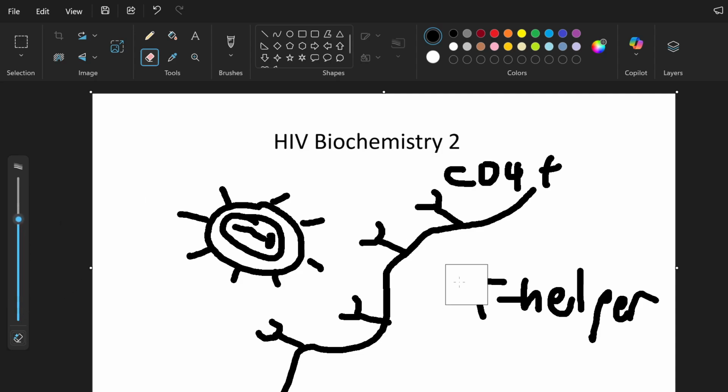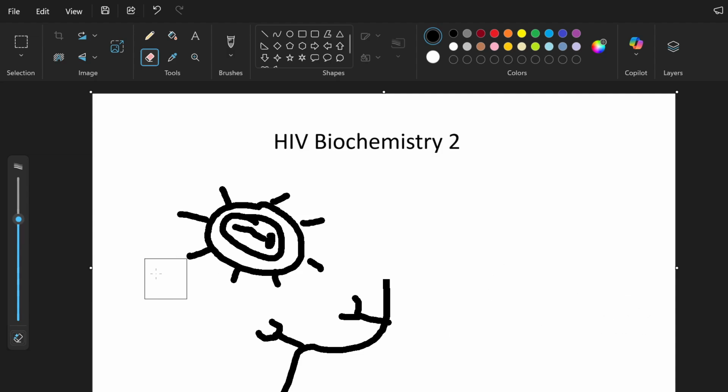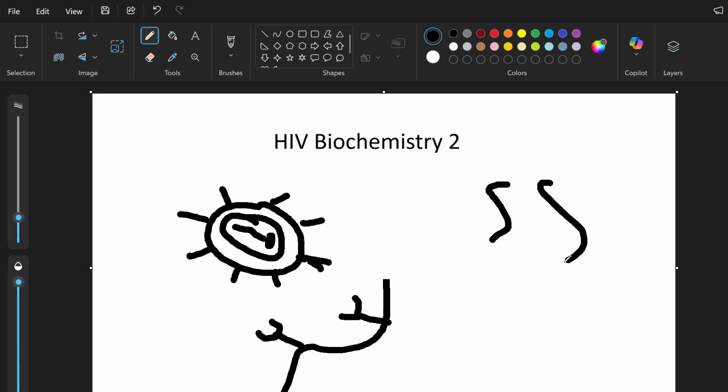So those CD4 receptors, the HIV has these glycoproteins. Now what are glycoproteins? You can think of them as proteins with little sugar molecules attached to them that allow the virus to bind to certain receptors, in this case the CD4.